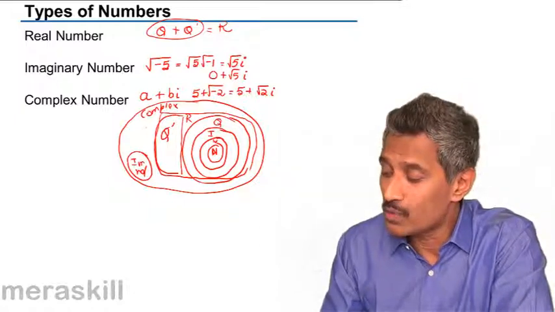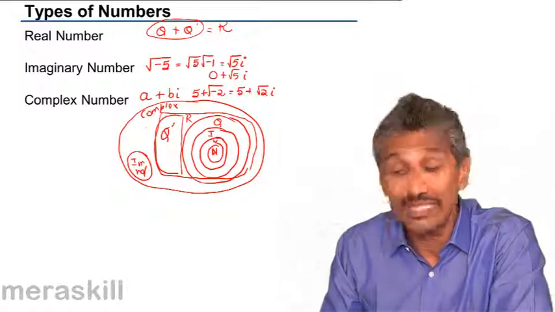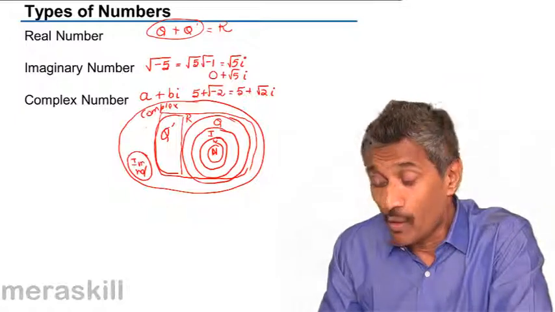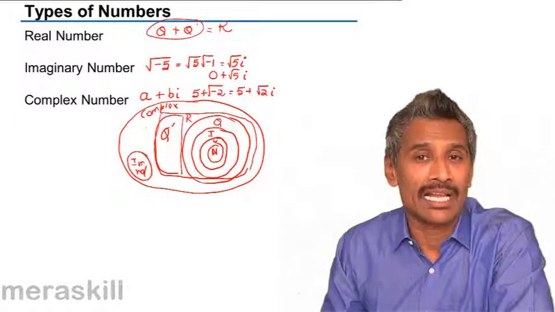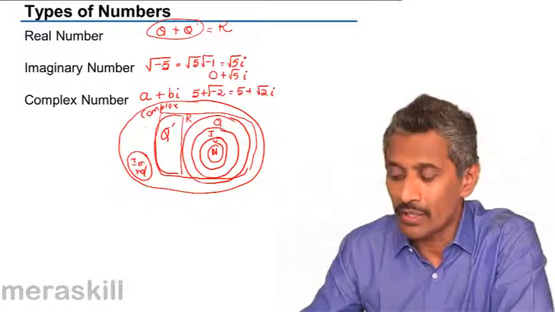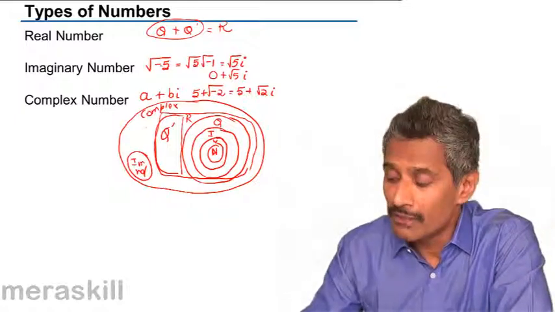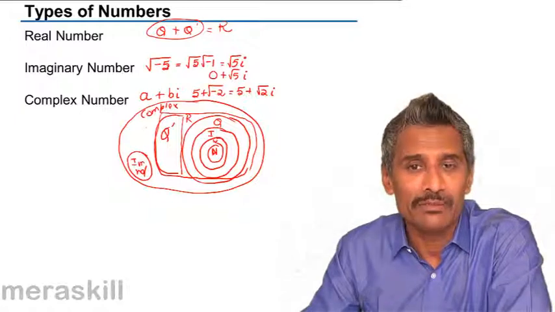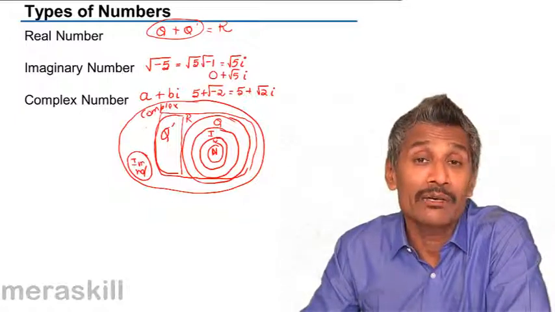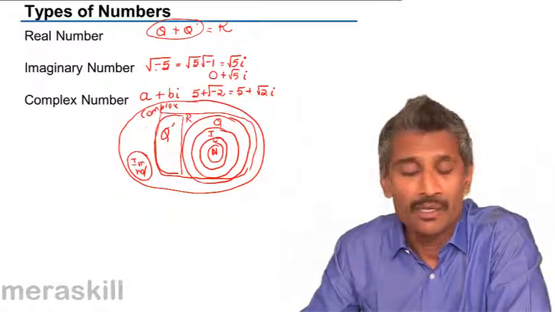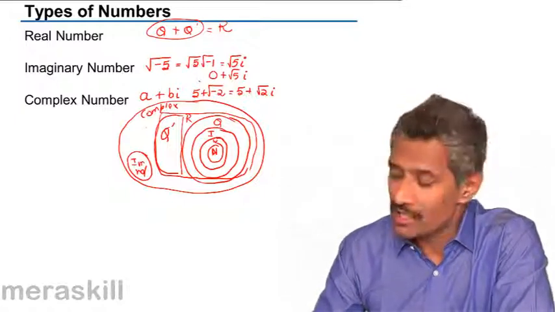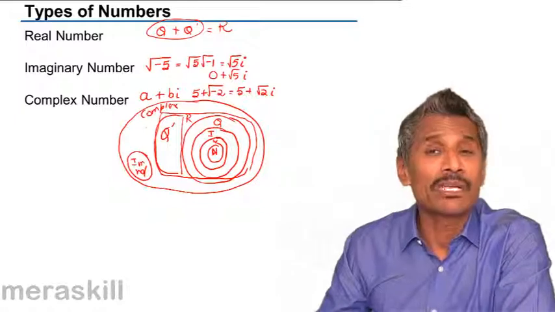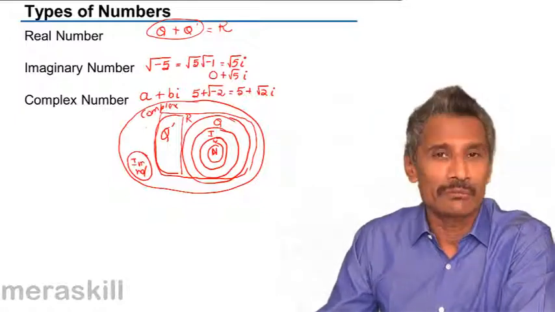We have to understand what rational number means, what irrational number means, and when an imaginary number arises. Whenever you get a square root of a negative number, or when you square a number and get a negative answer, then it cannot be a real number, it is an imaginary number. So this is the general summation of the types of numbers.